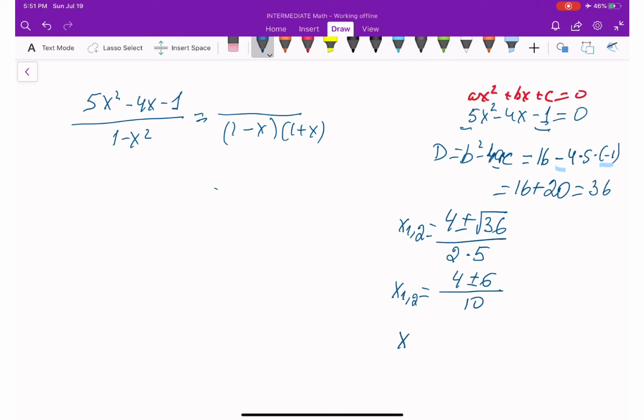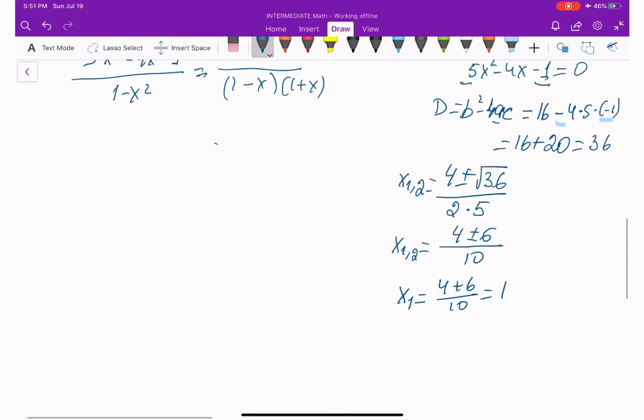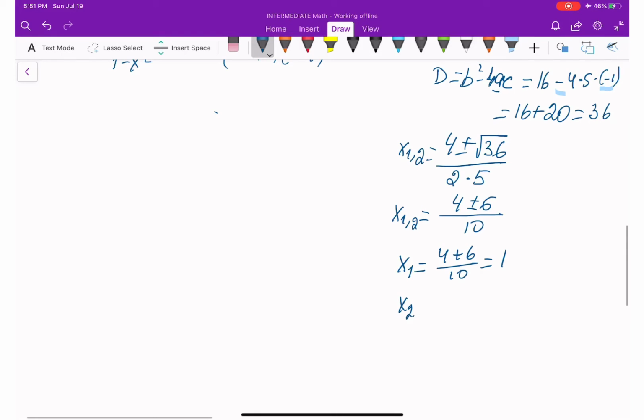So x1 is equal to 4 plus 6, which is 10, over 10, which will be 1. x2 will be equal to 4 minus 6 over 10. It's going to be negative 2 over 10, or negative 1/5.